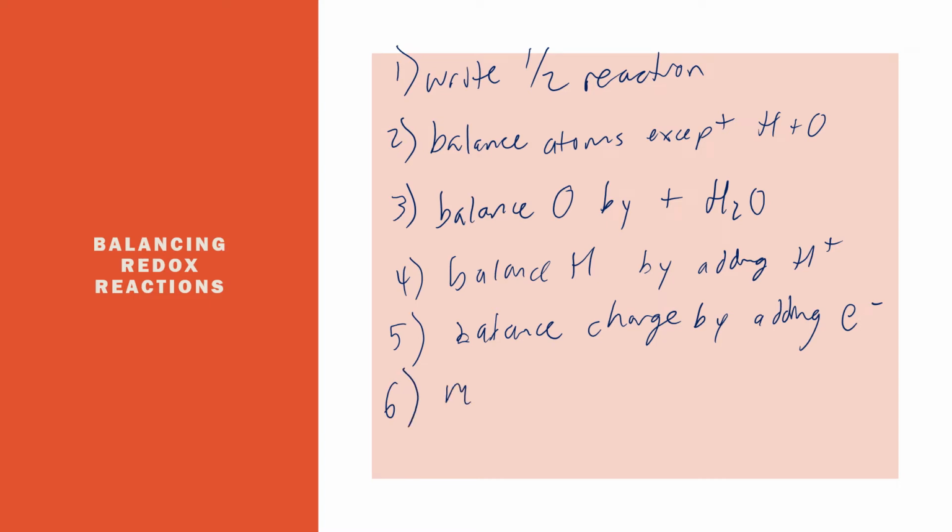Then you will make the electrons match. In both half reactions, they have to have the same number of electrons. Like if one half reaction loses 5 electrons, the other half reaction must gain 5 electrons. You can't just make them appear or disappear. And then finally, you will add the two half reactions together.